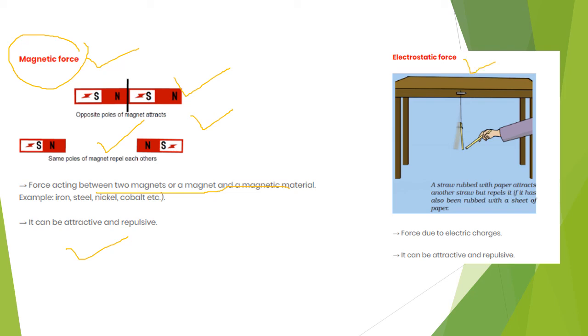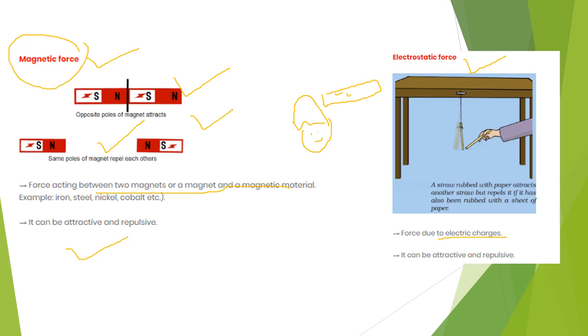Next one is electrostatic force. Electrostatic force is due to electric charges. You must have done this activity. If you take a plastic scale, okay, and rub it over your hair, for example, this is a boy, this is a plastic scale.